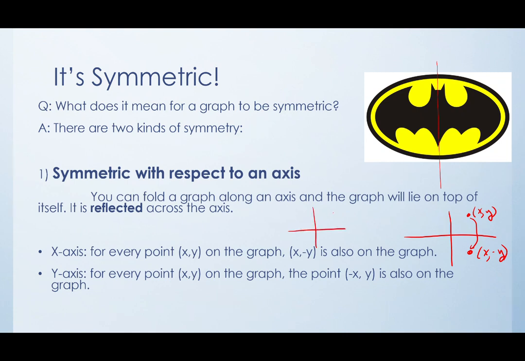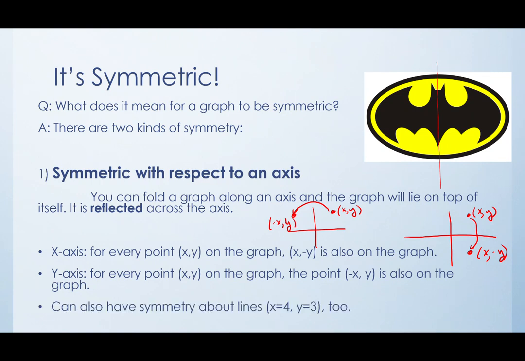We take any point x, y, we reflect over the y-axis, and we're going to get the point negative x, y. Opposite x location, but the same y location. So that's symmetric with respect to an axis. We can also have, of course, symmetry about lines, x equals 4, x equals 3, whatever. We don't normally go too much into that in this class.